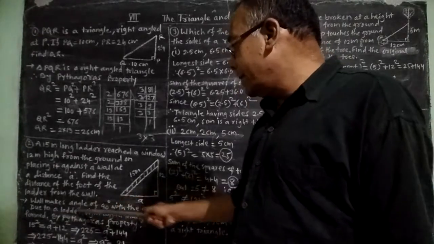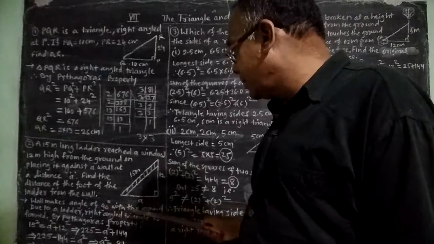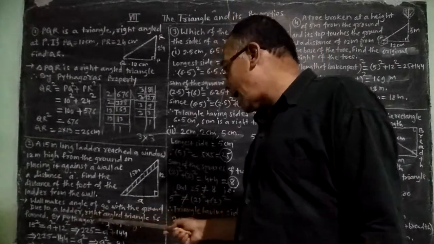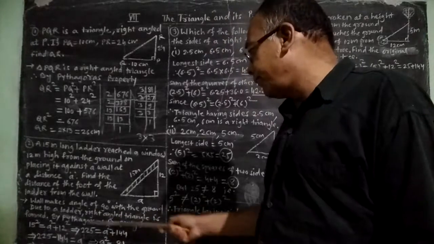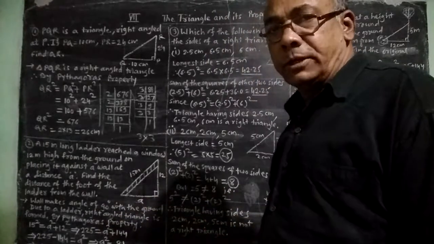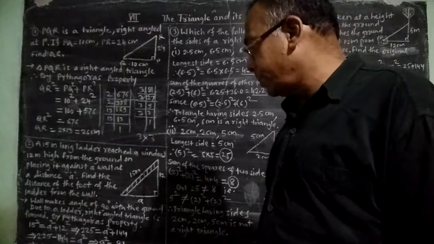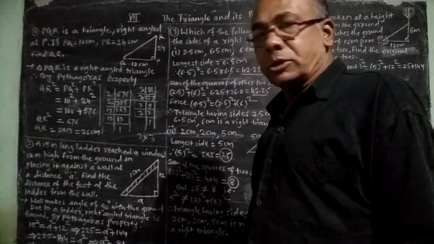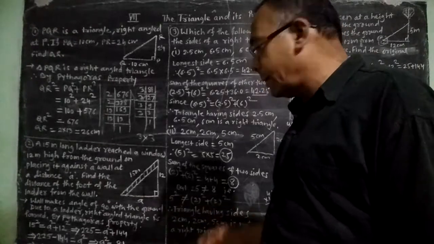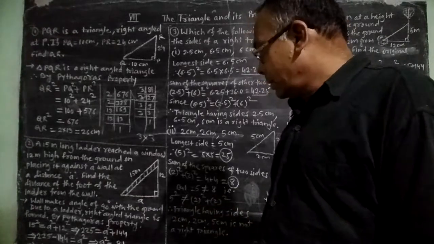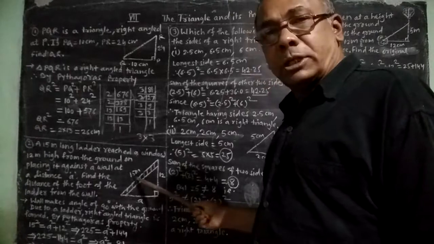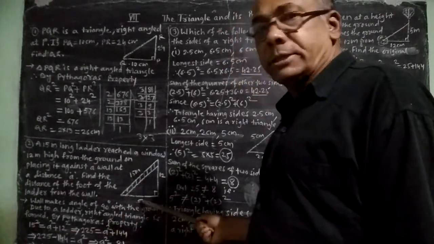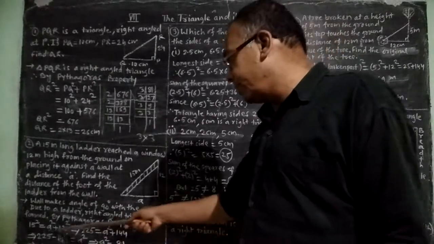Now the wall makes an angle of 90 degree with the ground, and due to the ladder a right angle triangle is formed. Here it is seen in the figure that a right angle triangle is formed, and therefore we can apply the Pythagoras property, and the hypotenuse is 15. So 15 square is equal to, side 1 is a and side 2 is 12. So a square plus 12 square.